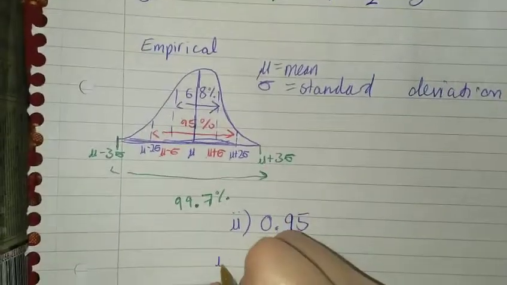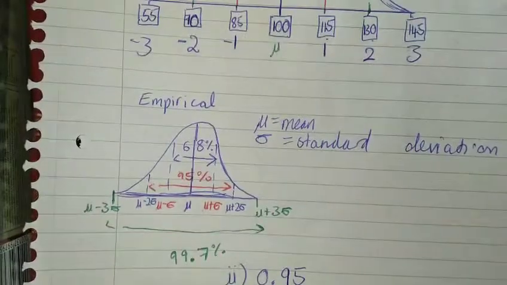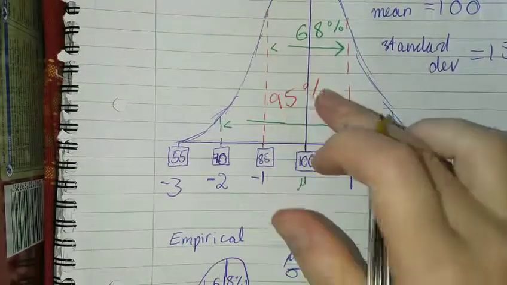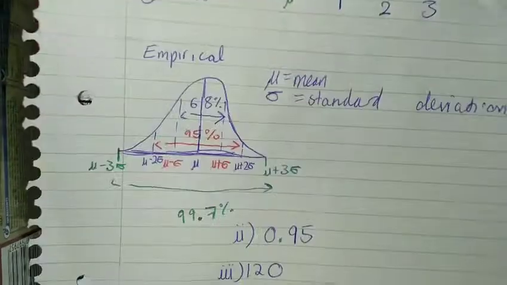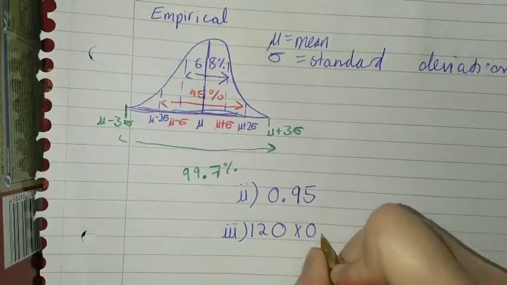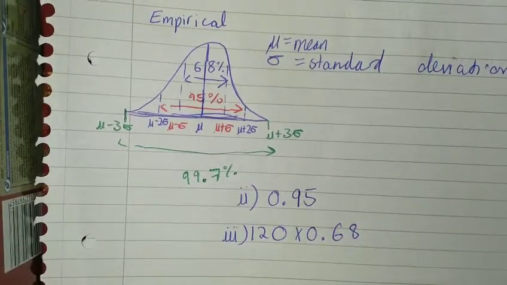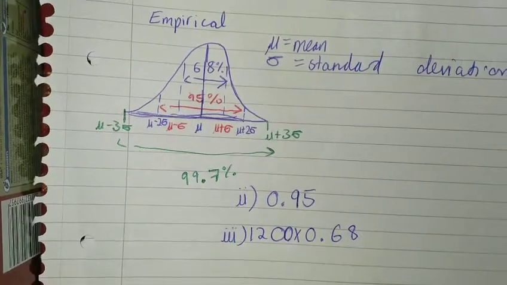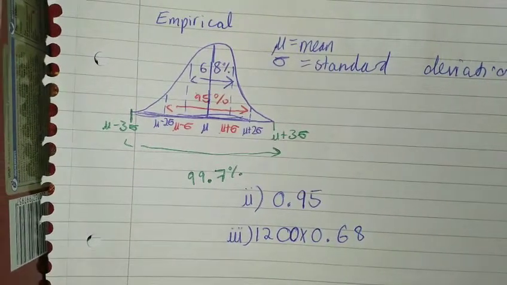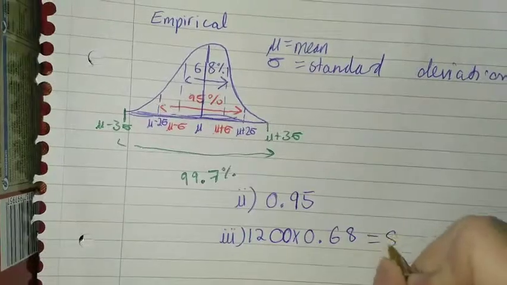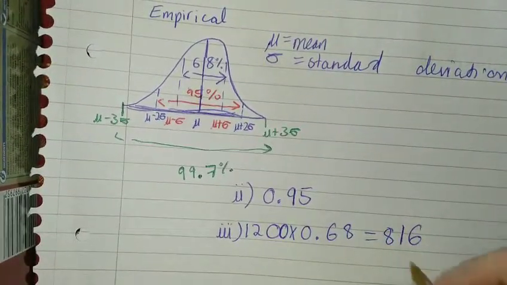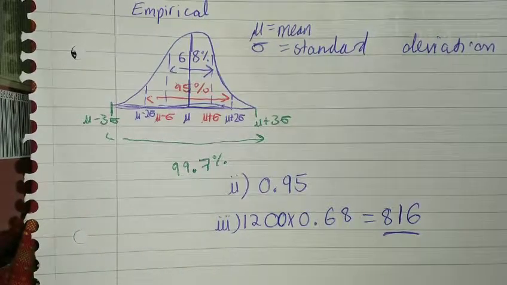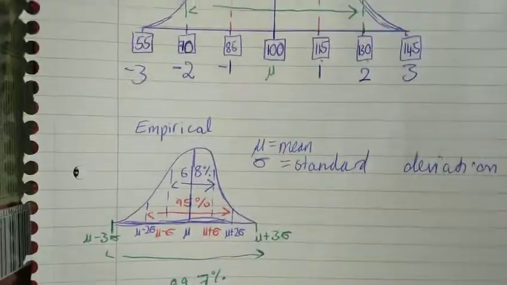So we multiply 1,200 by 0.68, and we get 816. This gives the approximate number of people that lie within that range.